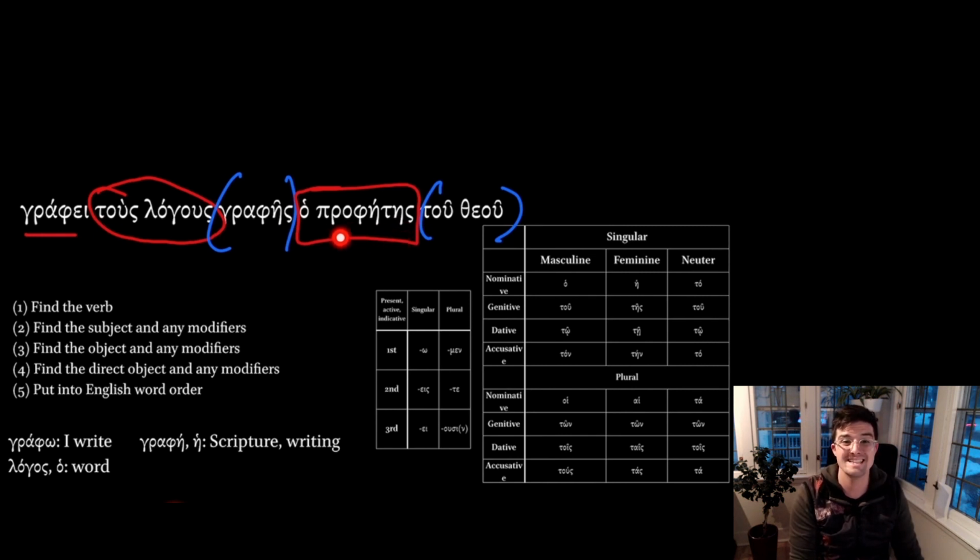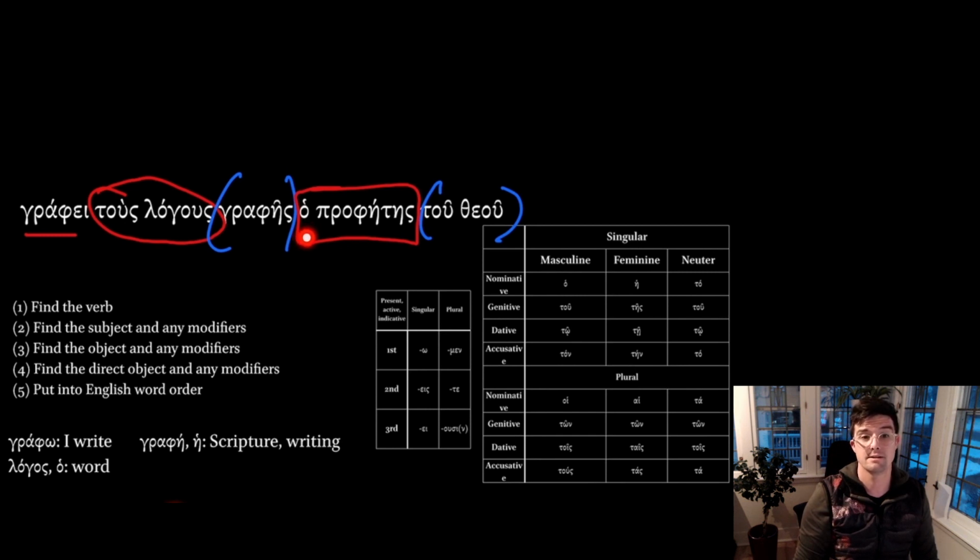Prophetes, though, is a nominative masculine singular noun, even though this sort of looks like a genitive feminine singular ending. Prophetes is a first declension masculine noun. So it's always best to try and find your grammatical information about the case first from the definite article.